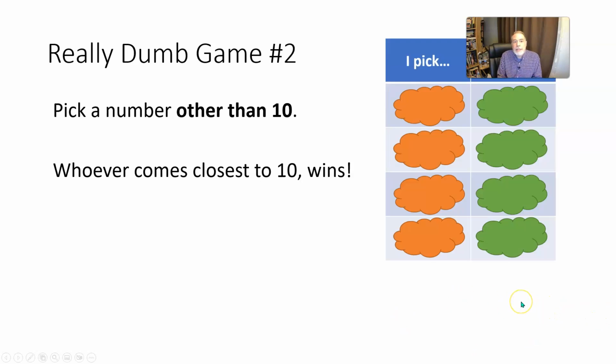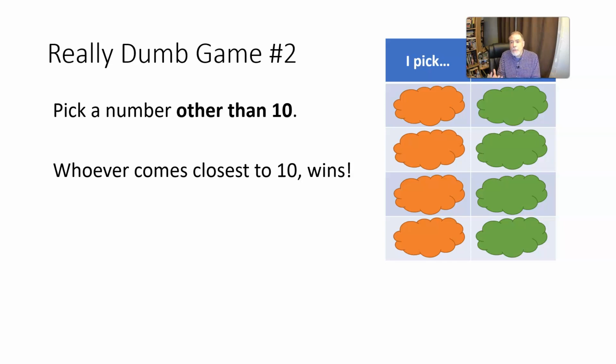Okay, really dumb game number 2. This time the rule is you can't pick 10. You have to pick some number other than 10. So again, whoever comes closest to 10 wins. So each pick a number, can't pick 10, but whoever picks a number closest to 10 is the winner.